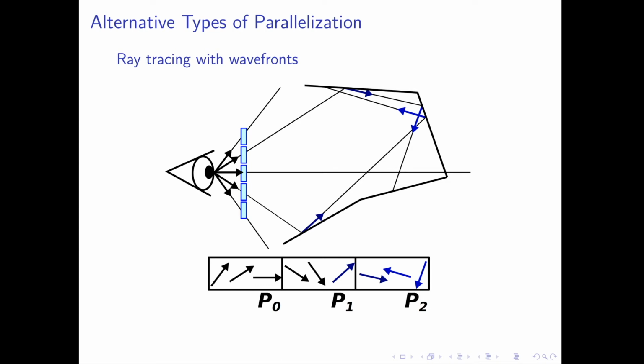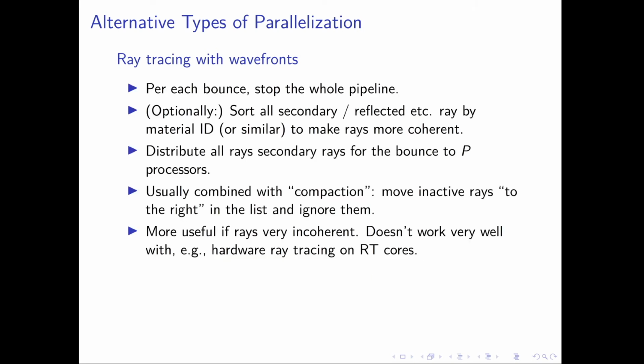And wavefront ray tracing is helpful when the workloads are very divergent, in particular because of the compaction phase, because the compaction phase helps us to figure out when threads don't have any work to do. In the simple way to parallelize a ray tracer over the pixels, it can happen that we have threads that don't have any work to do and other threads that are processing a handful of pixels that are still active and performing bounces.